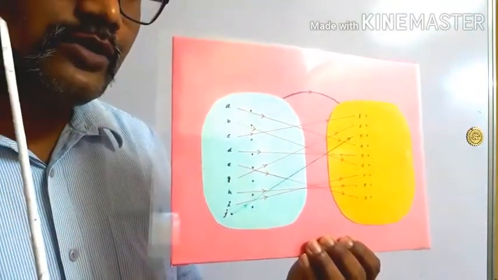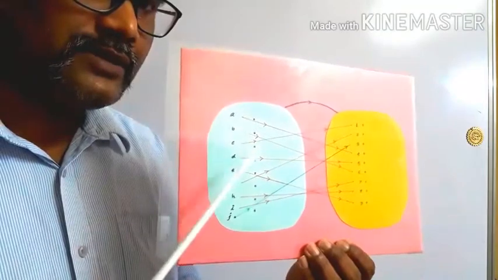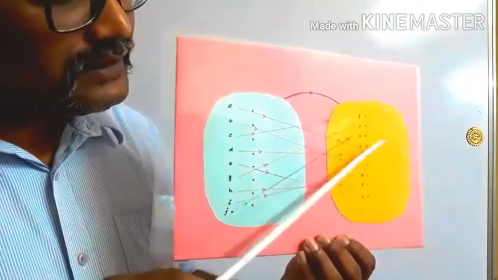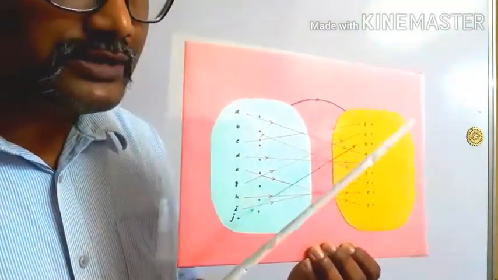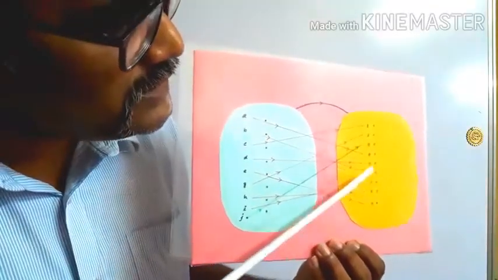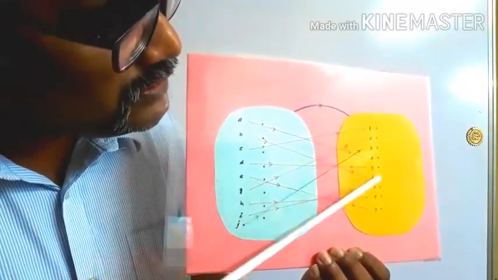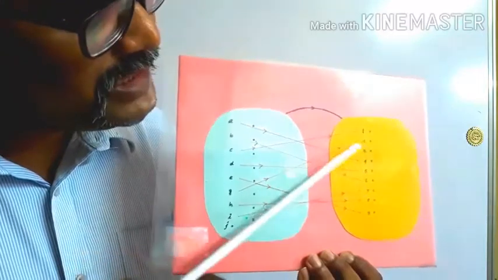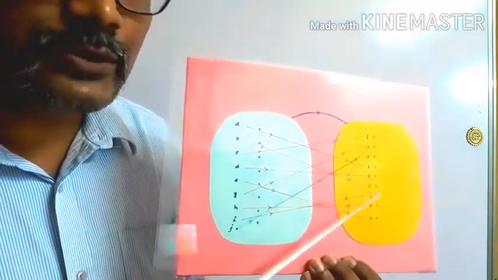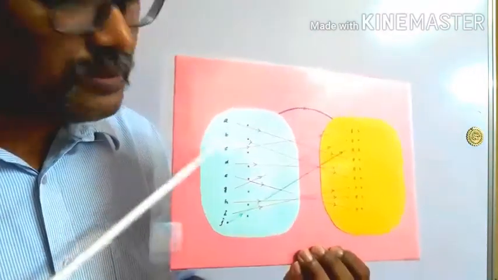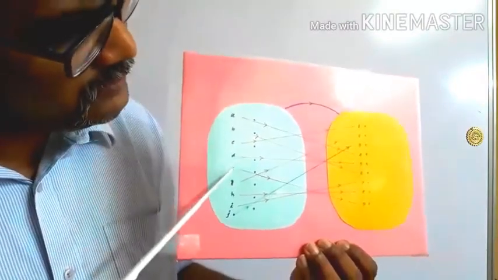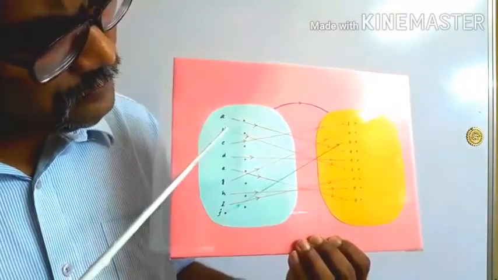Now this side was the domain, this side was the codomain, and the range is the exclusive set where the elements of the codomain must be taken which are related to some elements of the domain.